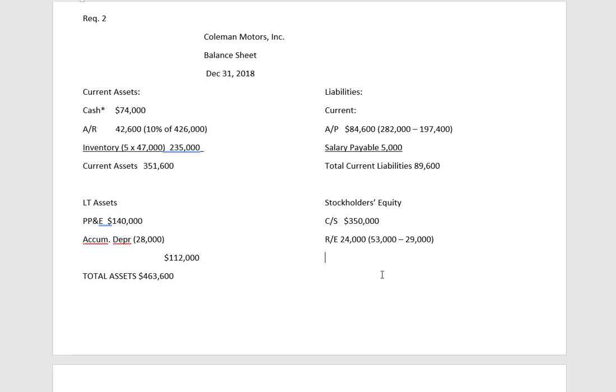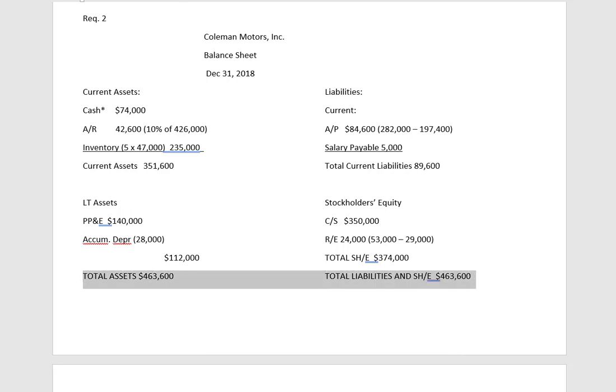So total stockholders' equity equals $374,000. And if you add everything together, total liabilities and stockholders' equity, we should get $463,600. Right, which makes sense.